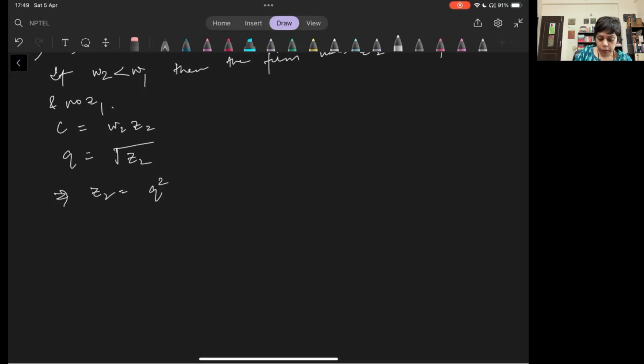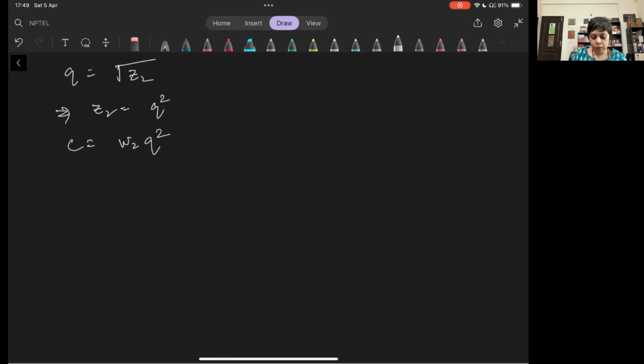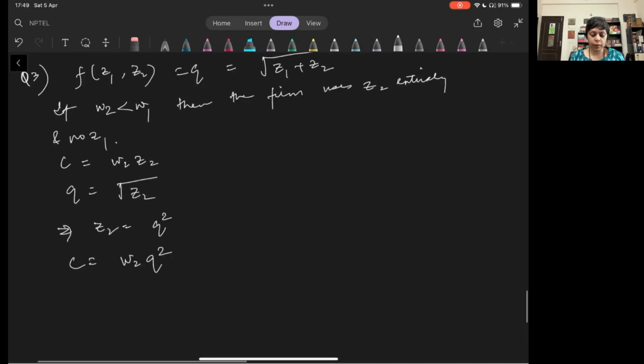From here, we can write the cost function as W2 Q square. All I've done is put Z1 equal to 0 so far. If you wanted, you could have written C is equal to W2 Z2 plus W1 Z1, but because Z1 is 0, this expression vanishes.